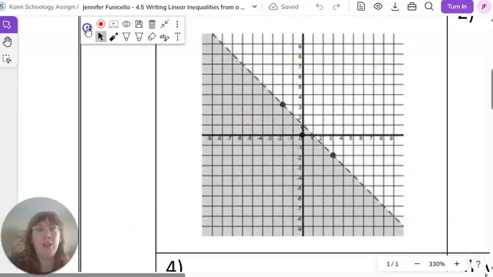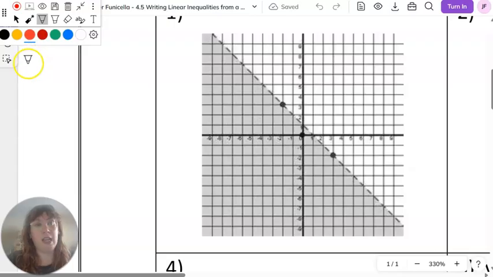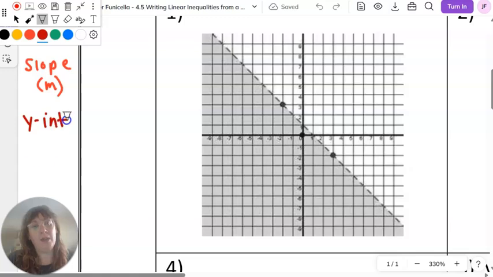Okay. So when we're writing our inequalities, we're still identifying the key components, just like with equations, which is our slope, which we know we refer to as m, and our y-intercept, which we refer to as b.